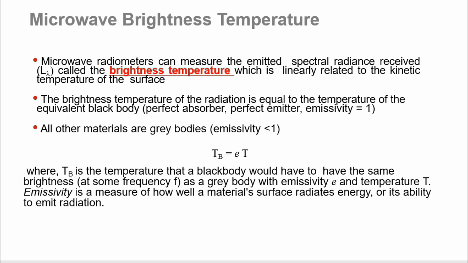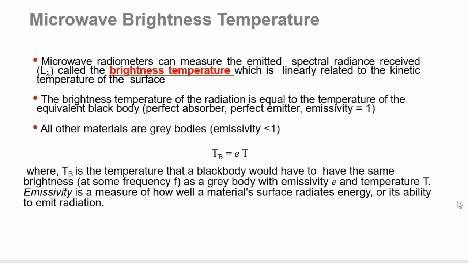So brightness temperature is linearly related to the kinetic temperature of the surface. Brightness temperature, as expressed by this equation, is the temperature that a black body would have to have to produce the same brightness at a specific frequency as a gray body with emissivity E and temperature T, right?